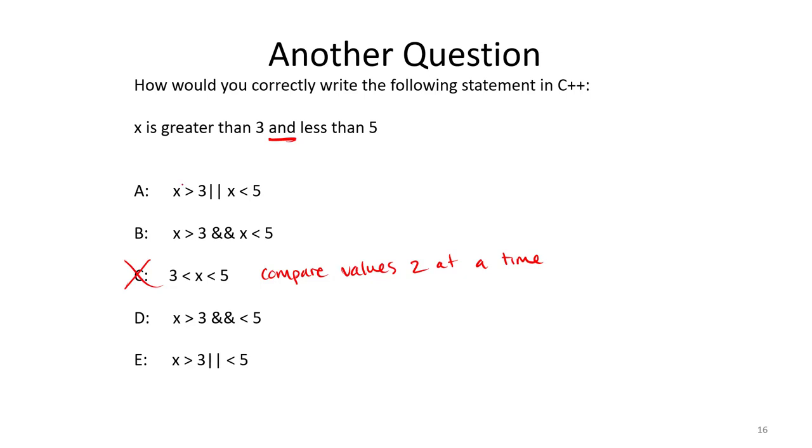We also want to use and, not or, so that leaves us with either choice B or choice D. So in this case, notice here, we can't say x is less than 3 and less than 5. We need to have an x there.